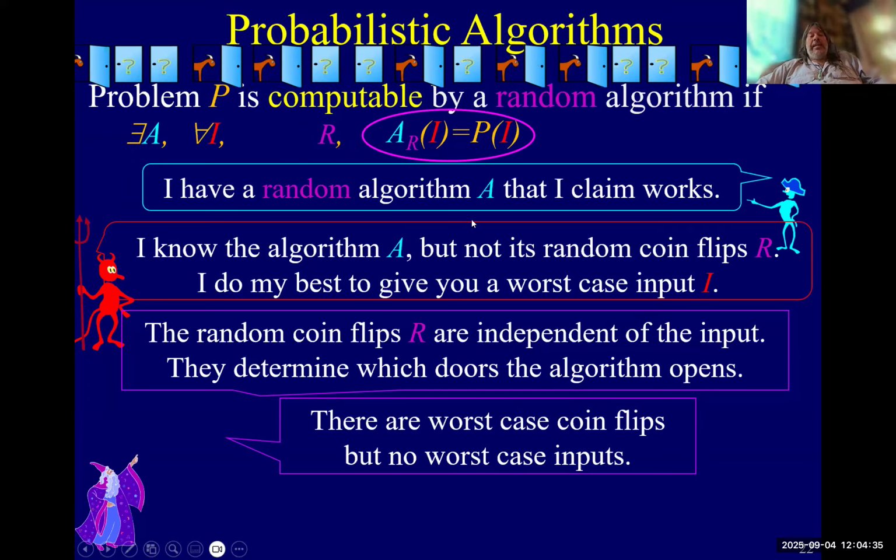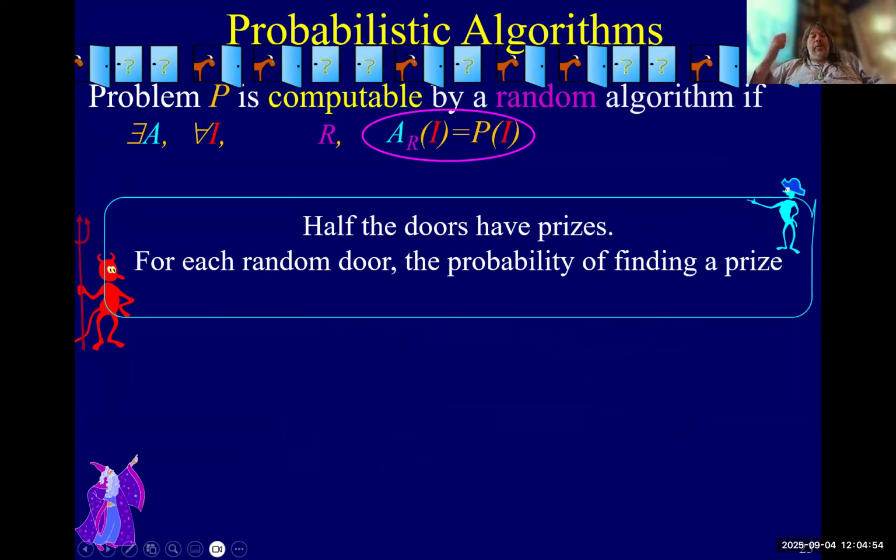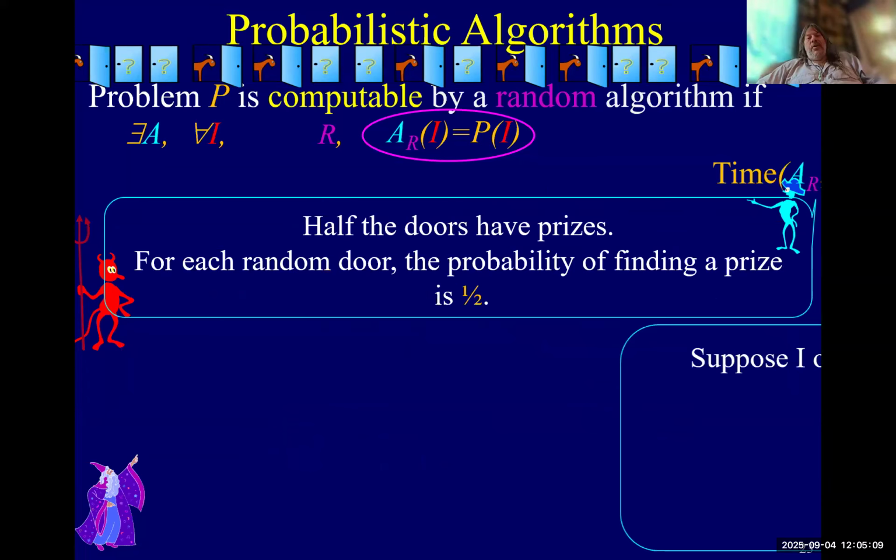So then what we need is to find a prize. You might have to ask, do we need to find it on every R, or for most R? You can play different games. If half the doors have prizes and you keep flipping coins randomly, then every time you open a random door, it will have a prize with probability one half.